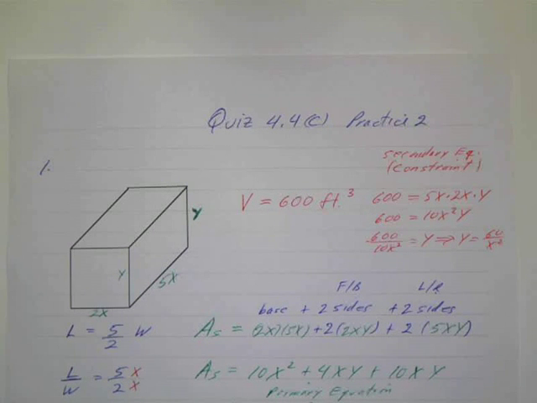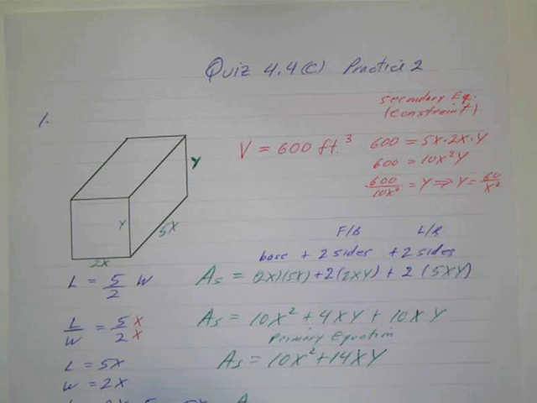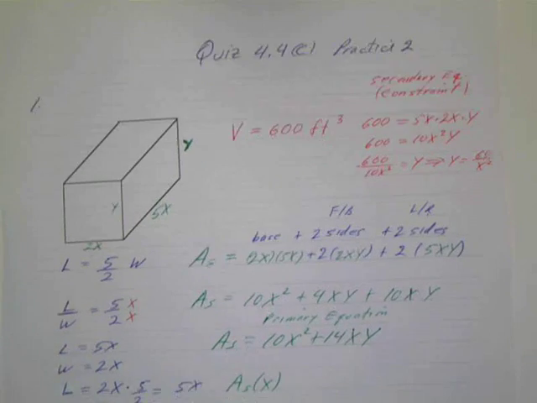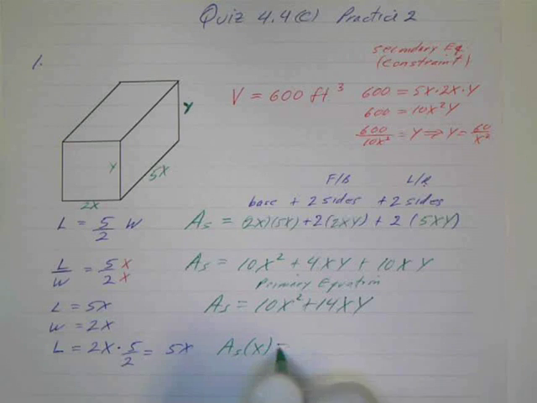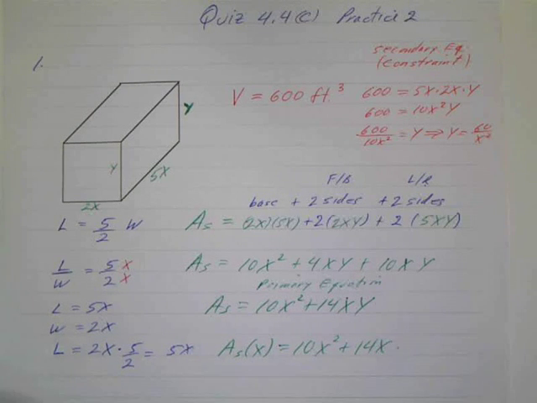So what I'm going to do is I'm going to put this in. And now I can write surface area as a function of x. And that's going to equal 10x squared plus 14x times y, and what's y? 60 over x squared.